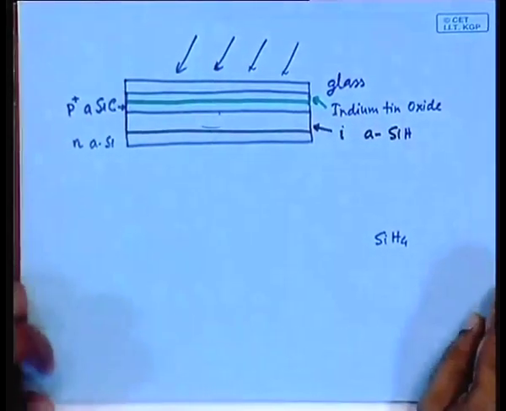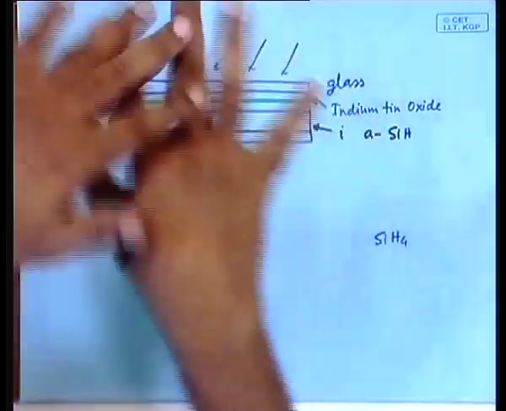Nowadays, people have even put these amorphous silicon solar cells into sheets that can be rolled. So, instead of glass, you put some plastic material on which the whole thing is grown, and it can be rolled, and you can put it on top of anything, even on top of aeroplanes.